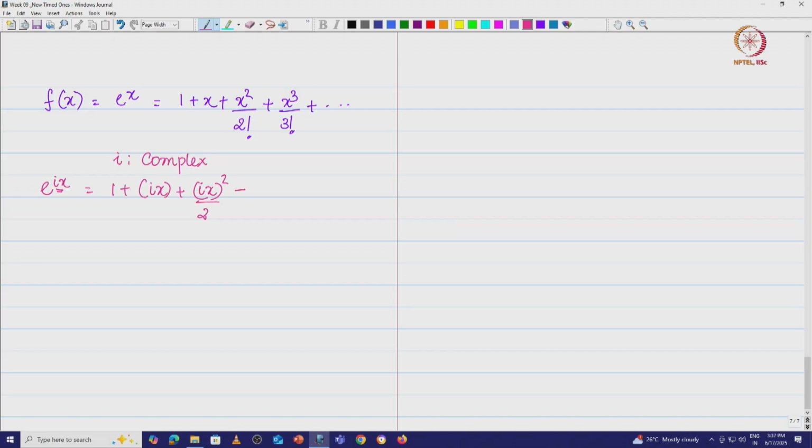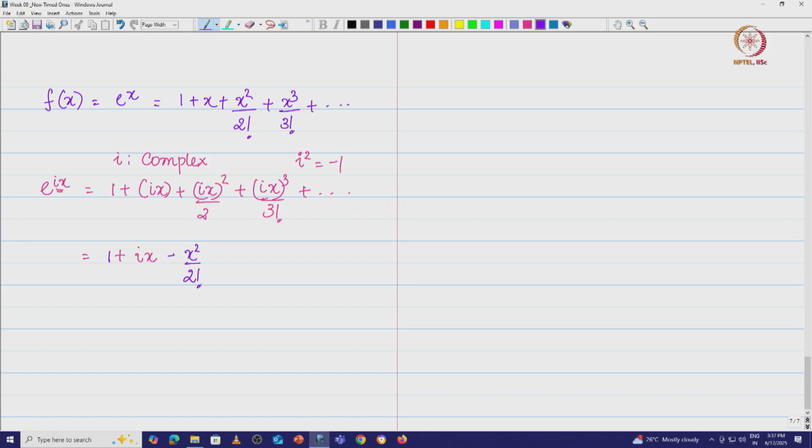So, i x the whole squared by factorial 2, plus i x the whole cube by factorial 3, and so on. Now what is that? We know that i squared is minus 1, so we are going to use that fact here. So this is going to be 1 plus i x, then I am going to have minus, this is going to be i squared which is minus 1, so I am going to write this as minus x squared by factorial 2.